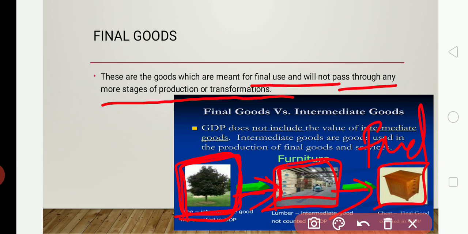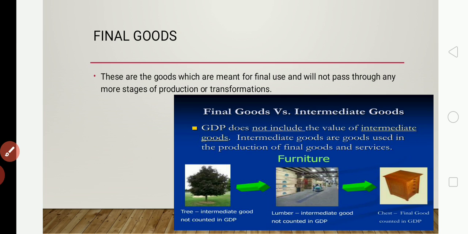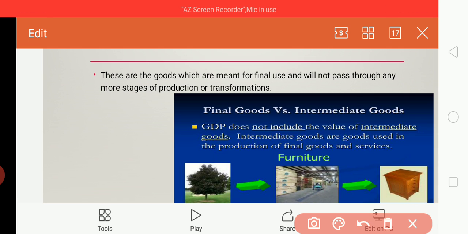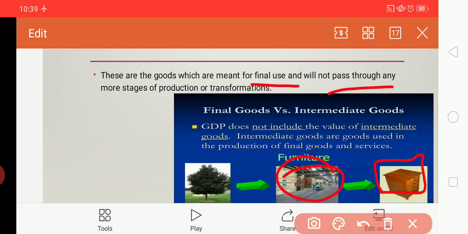Such goods are called final goods. That's why it is meant for final use, and it will not pass through any more stages. After becoming a table, it will not be converted into any other object. While manufacturing, it can be converted into a bureau or benches or a sofa or any other commodity, but once it is converted into a final good, it cannot be converted into something else.